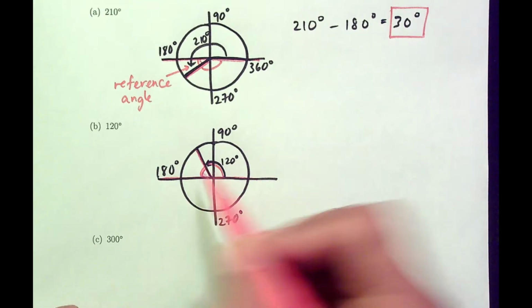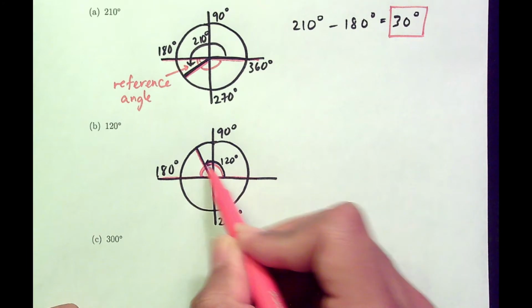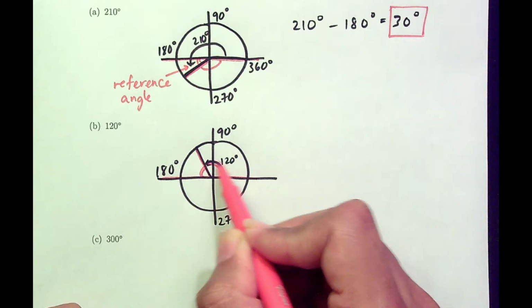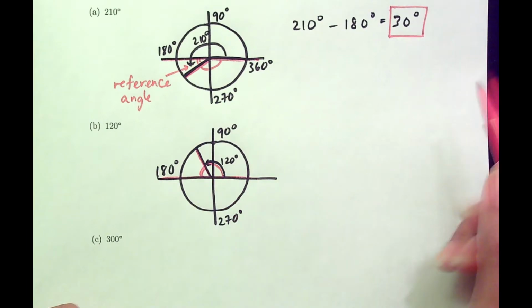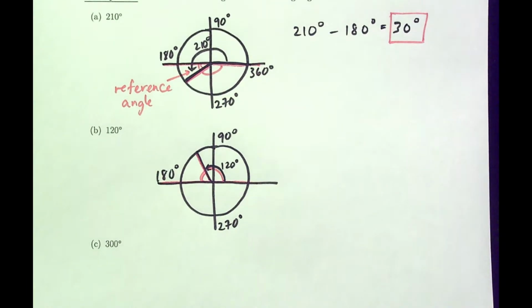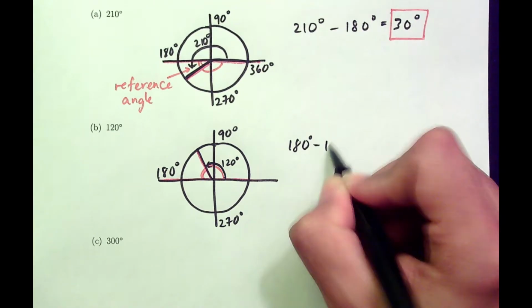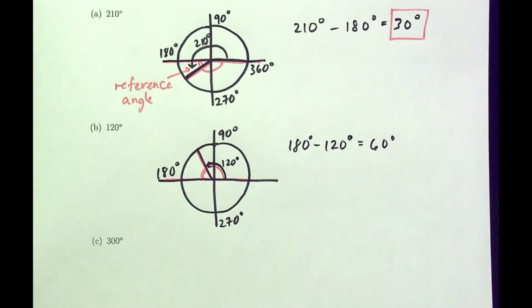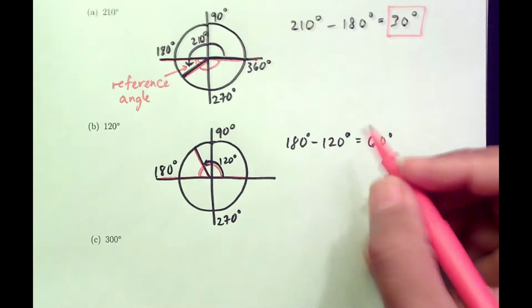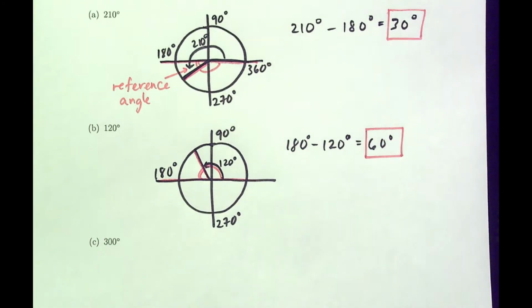It is this one, and how big is that? If this is 120 and going halfway is 180, what is this little piece over there? That would be 180 minus 120, which is 60. So 60 degrees is the reference angle of 120.